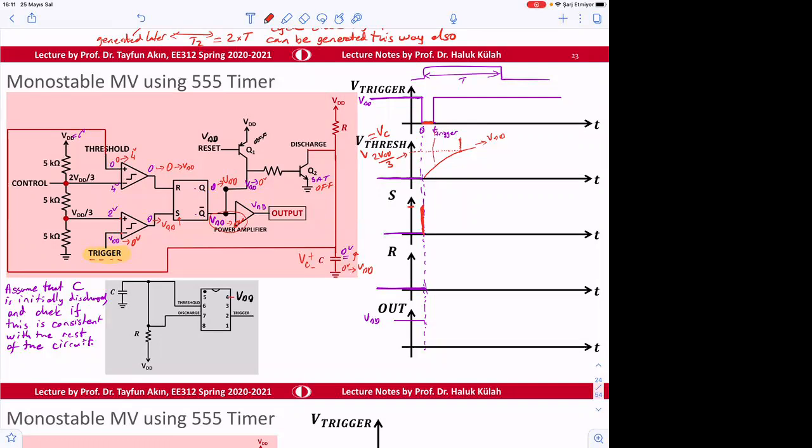As long as the trigger is low, S will be high, and then it will come back to low. So this is for the triggering period. For the triggering period, this will be happening to S. What about R?